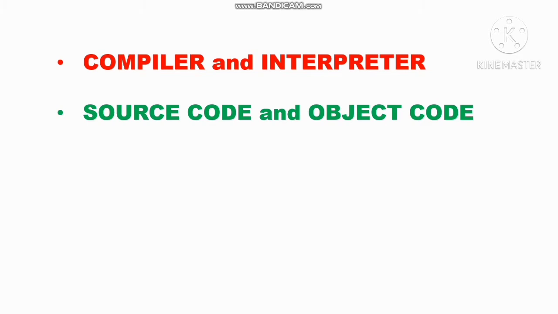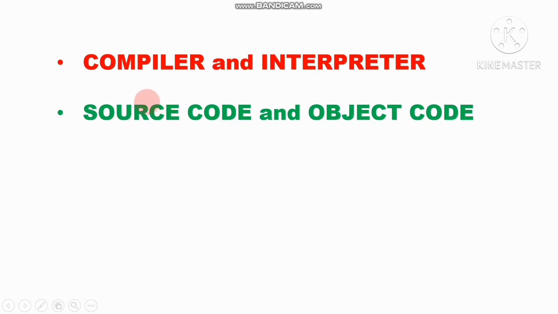But in the case of an interpreter, it translates each and every line into machine code, line by line. So this is the difference between compiler and interpreter.